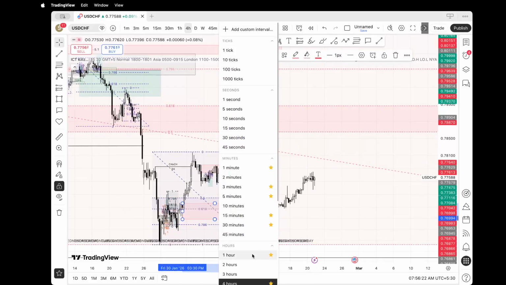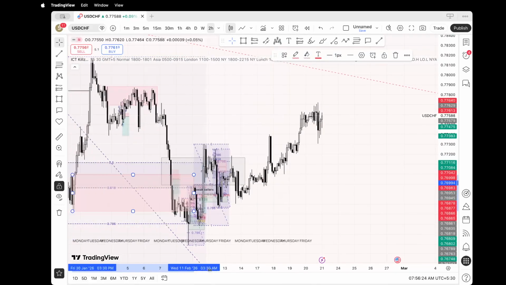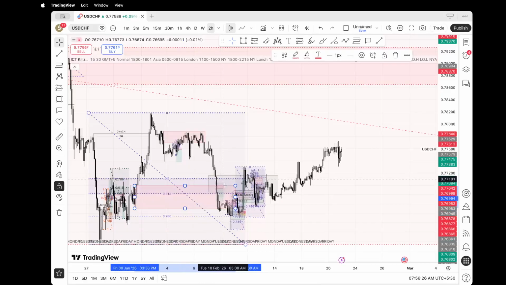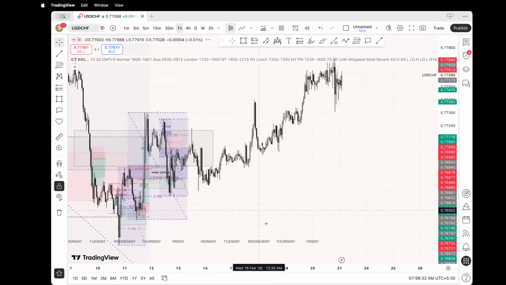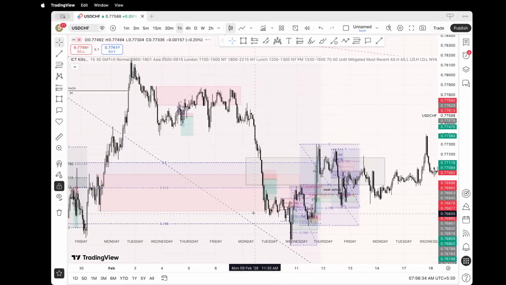Let's jump to 2 hours first. Okay, the trade came into the order block with a great speed, with a great sell off. Okay, we had an order block again at 1 hour.